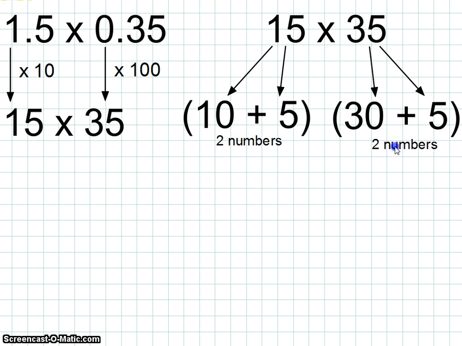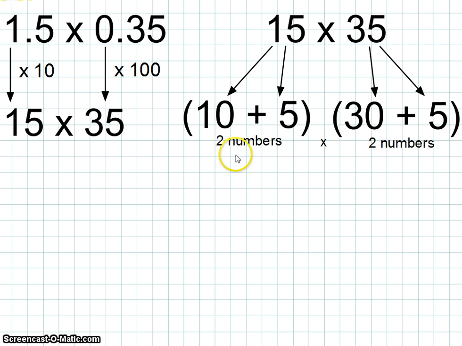Over here there are two numbers as well, 30 and 5. Now I'm going to multiply those two numbers, 2 times 2, which gives us 4. This number 4 we are not going to use to do any calculation with, but it actually tells us very, very important information. Why? Because after we rewrite the multiplier and the multiplicand, we write them as groups of addition.